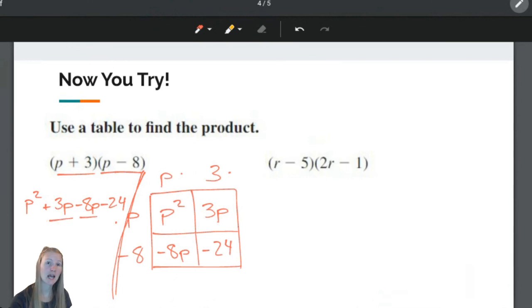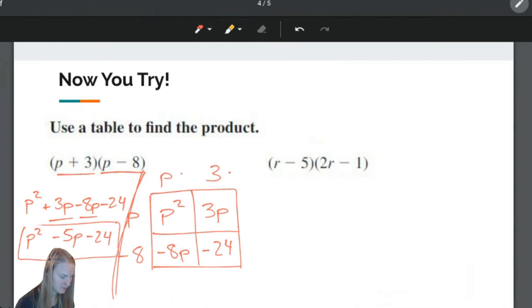We need to combine like terms, so -8 plus 3 is -5p, and then of course we have our p squared minus 24. Ta-da! Is that what you got? Hopefully. If not, maybe rewatch this section, maybe rewatch the last example. Phone a friend, whatever you like to do.